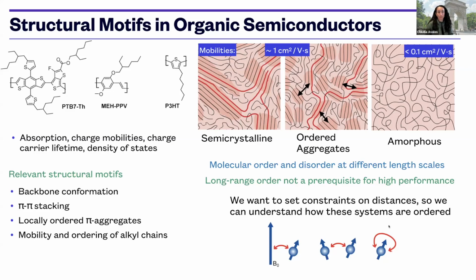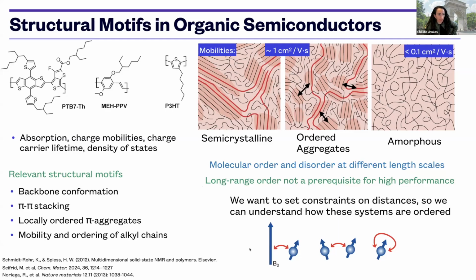And we can also look at the interaction with the local electron cloud, which is what I had mentioned already. In this Nature Materials paper, they talk a little bit more about these semi-crystalline ordered aggregates and amorphous systems, and compare that to expected charge mobility. So I enjoyed that paper.